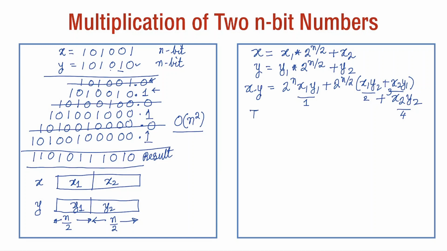So our time complexity equation T(n) becomes 4T(n/2) plus this recomposition step, which is addition of n-bit numbers, is order n. And if we apply this principle, then we will get an order n squared algorithm.